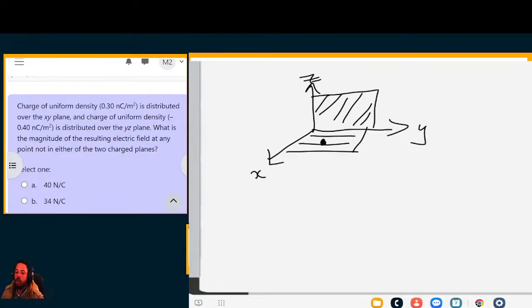The vector for this charge will point in that direction because it's x cross y. And for that electric field, it will point along the x-axis in this direction. Like I said earlier with the area vectors, it's not an area vector, but it's in the same direction. Okay, so now we have the directions for both of those electric fields.